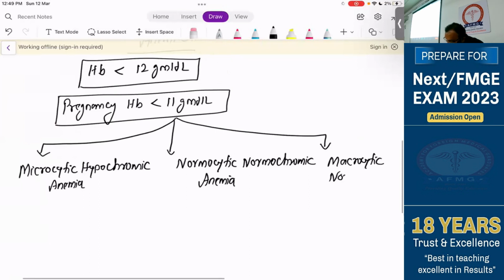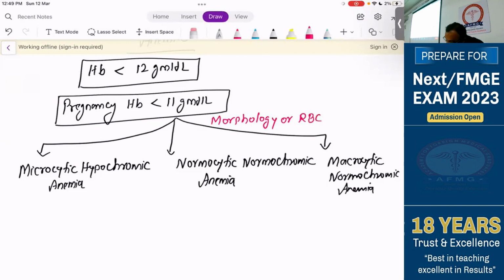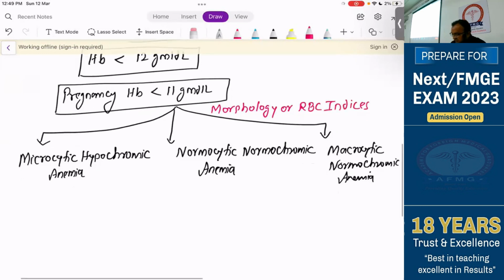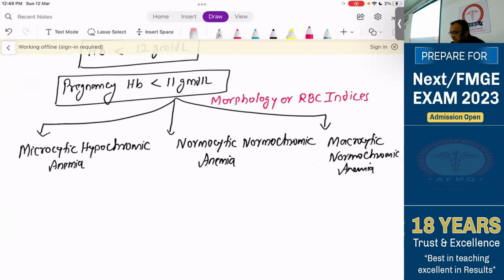Macrocytic normochromic anemia. And what is the basis of this classification? The basis is morphology, or RBC indices.